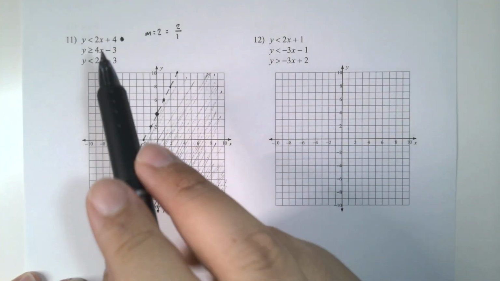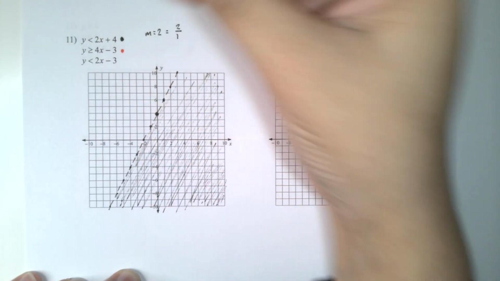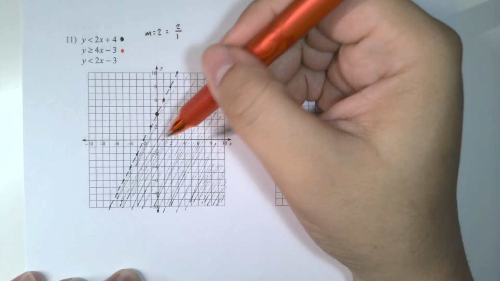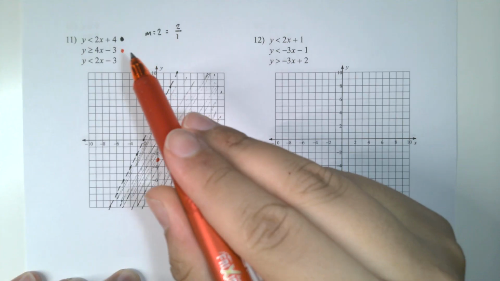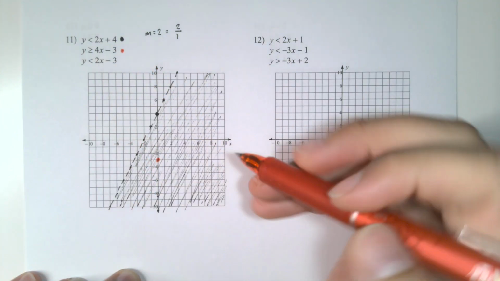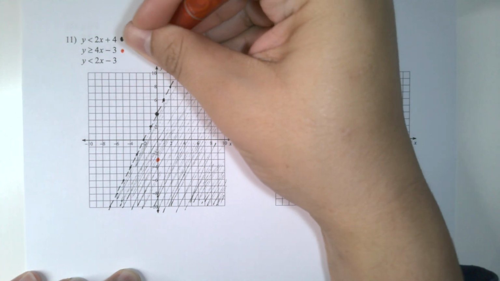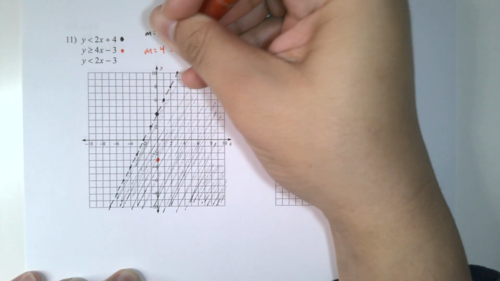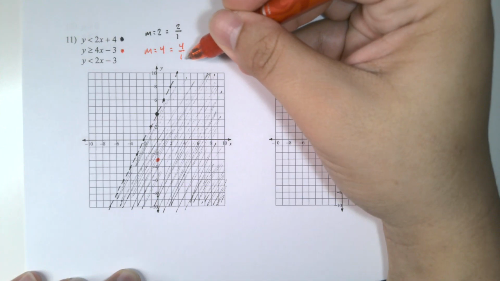The next part of this we're going to do in red. We have a y-intercept of -3, so I'm going to find -3. And then we have a slope of 4. So I go over 1, but then up 4. Because m is equal to 4, we have a rise of 4 and a run of 1.